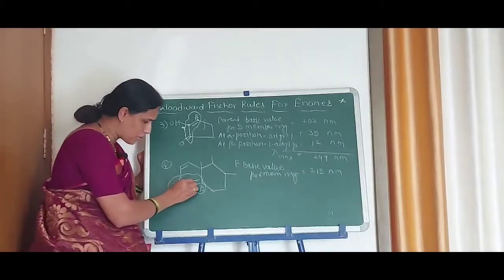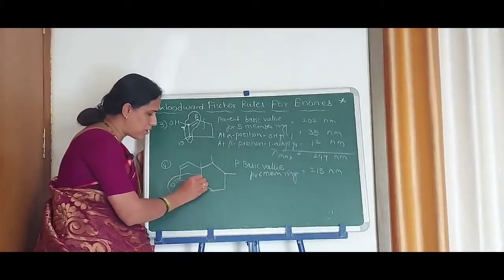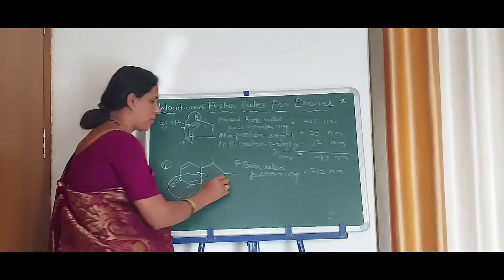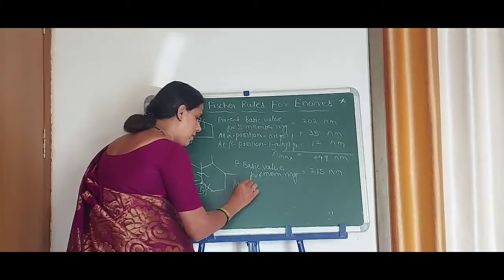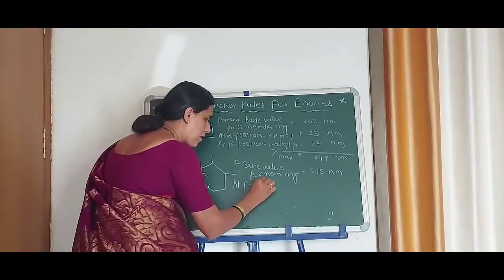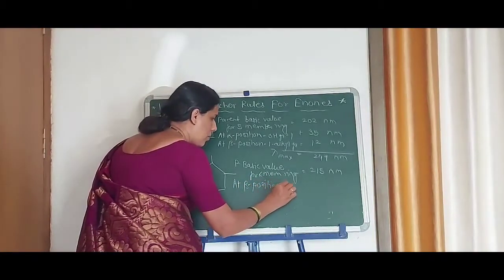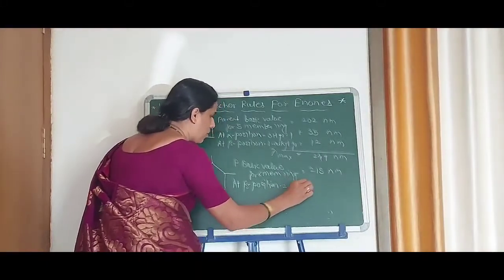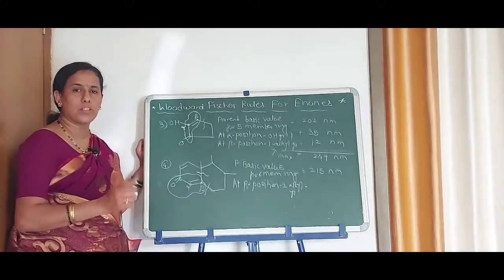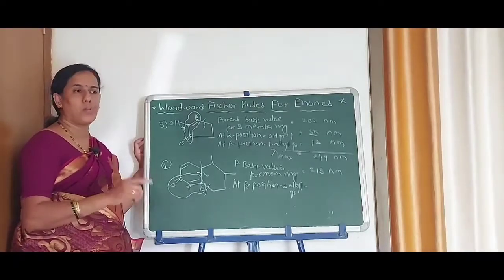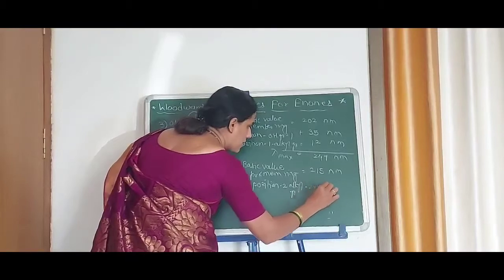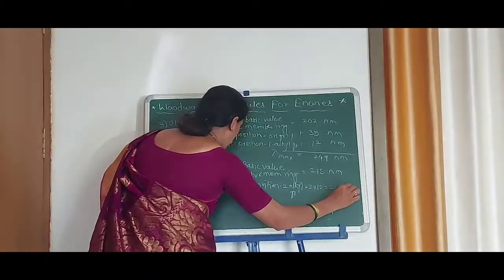No. But at beta position, how many alkyl groups? This is one alkyl group, this is the second alkyl group. That is, at beta position, two alkyl groups. For one alkyl group, what is the value? That is 12. And for two alkyl groups, that is equal to 2 into 12, that is equal to 24 nanometer.